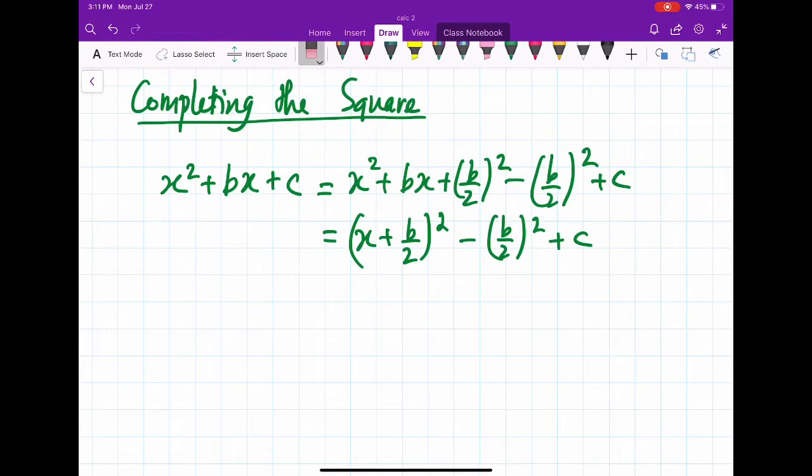Now we talk about completing the square. I will tell you this. In my opinion, this is one of the most difficult techniques, because it really depends on your function, like x squared plus bx plus c. You can rewrite this as squares like this, right? x plus b over 2 squared minus b over 2 squared plus c.